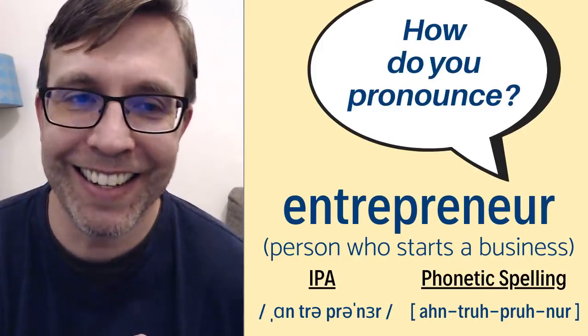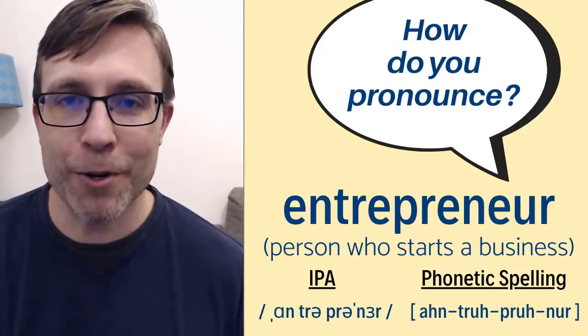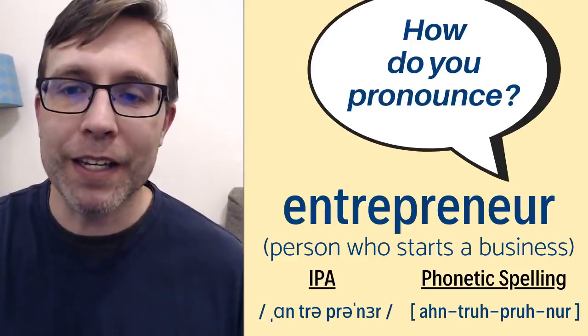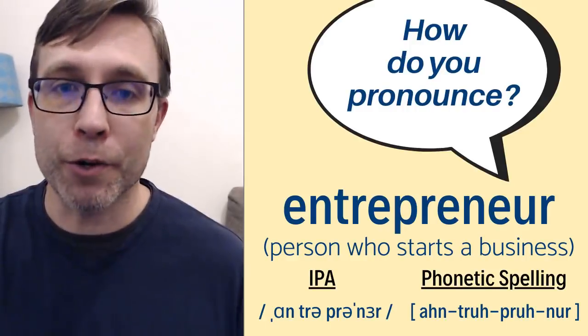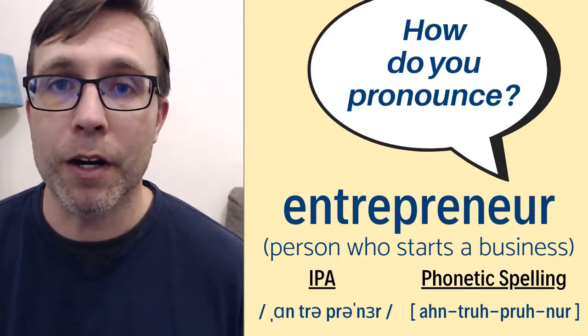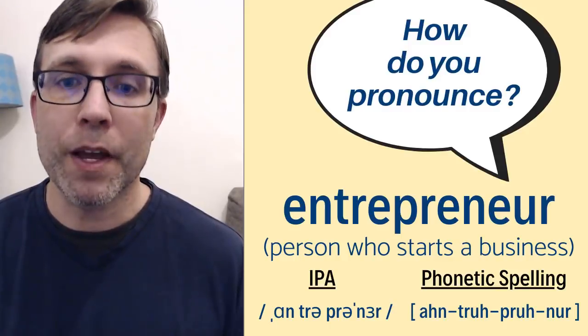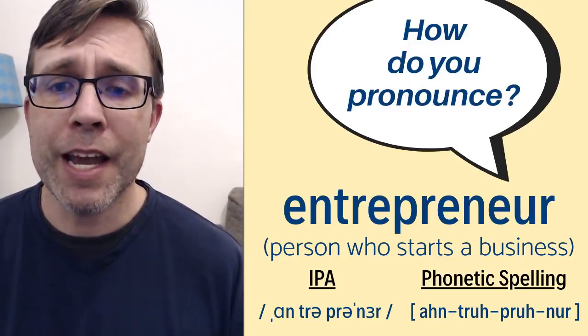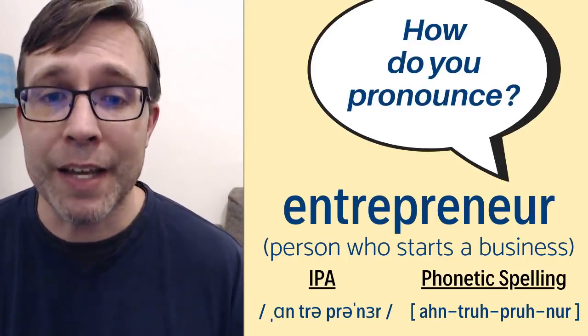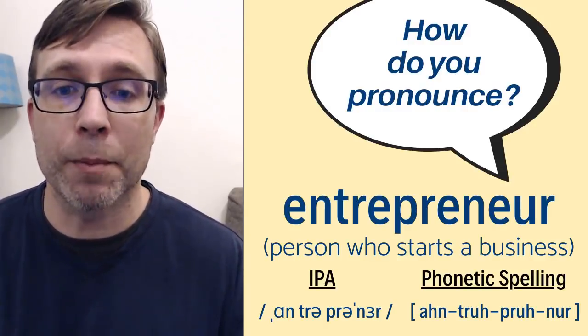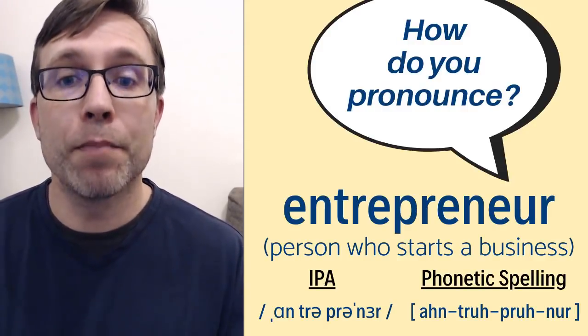There you go. Entrepreneur. Person who starts a business, entrepreneur. Say it after me. Entrepreneur. And you are going to have that schwa sound in that second and third syllable. Entrepreneur.